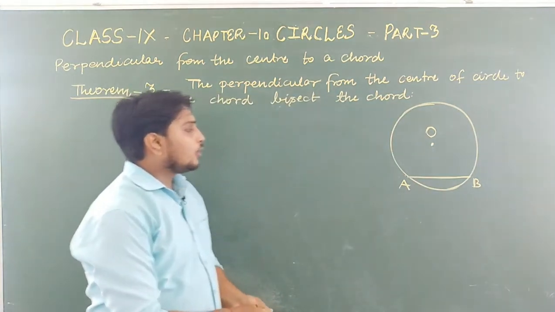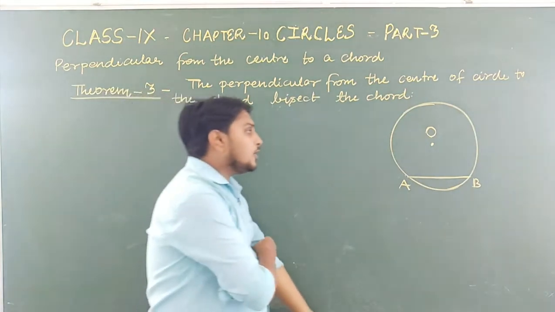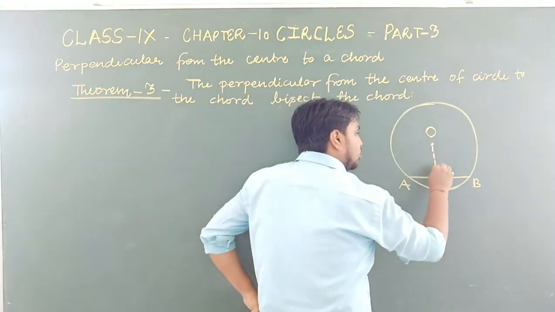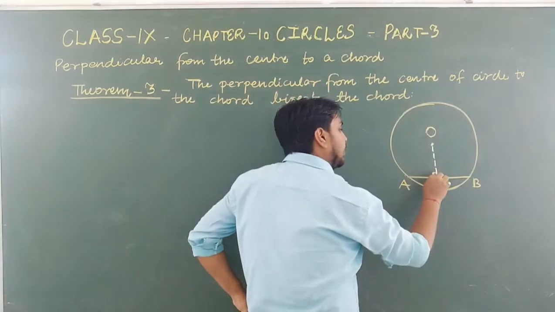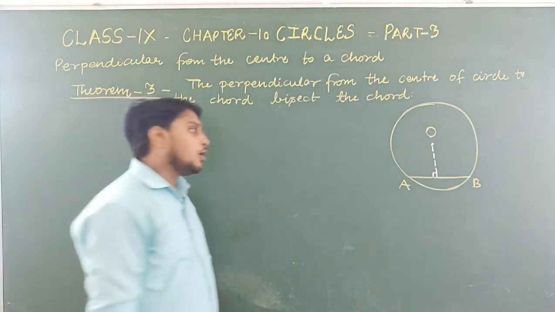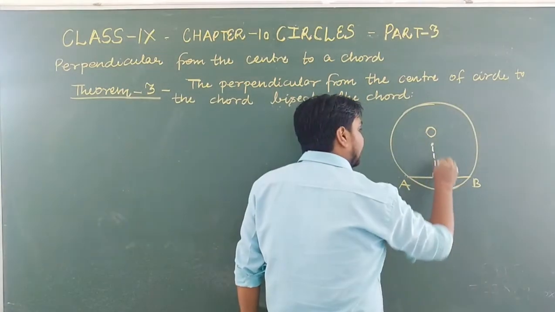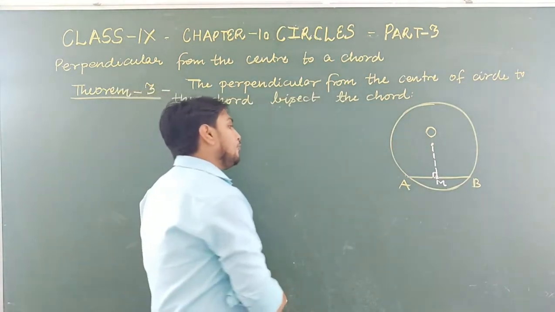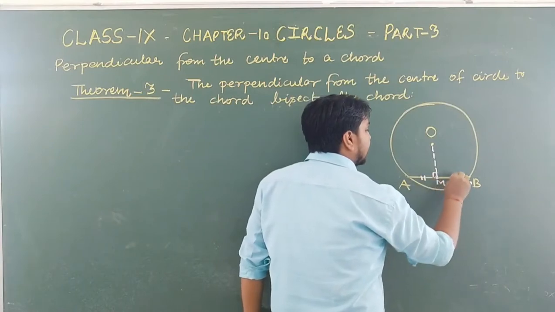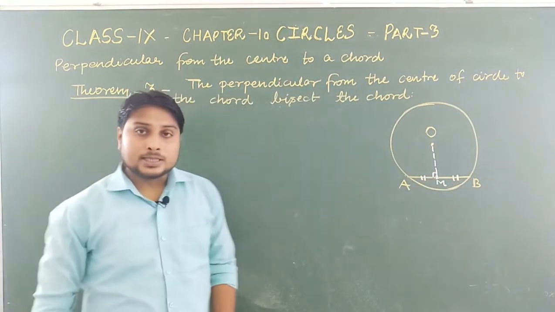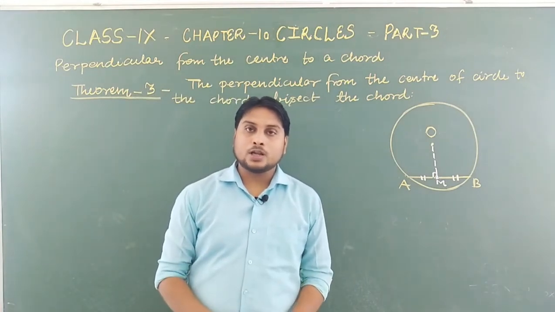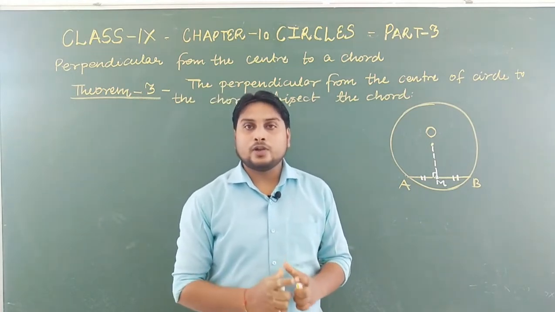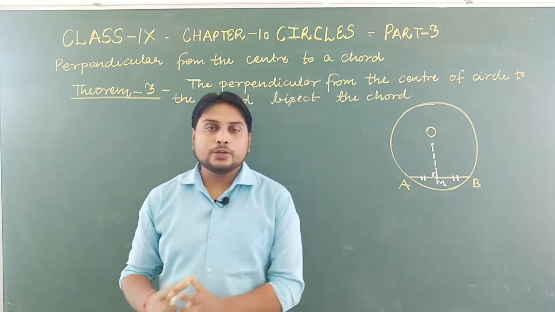Students, what is the meaning of the statement of this theorem? If we draw a perpendicular from the center to this chord, suppose it comes at point M. Basically we have to show that the length of AM is equal to MB. It means if we draw a perpendicular from the center to the chord of a circle, then it will bisect the chord, meaning it will divide the chord into two equal parts.